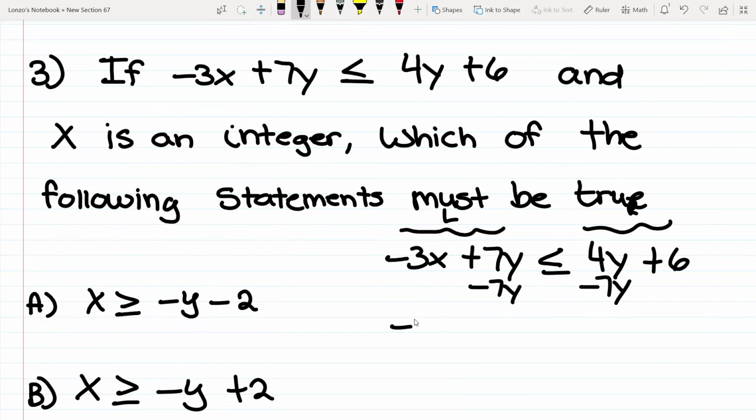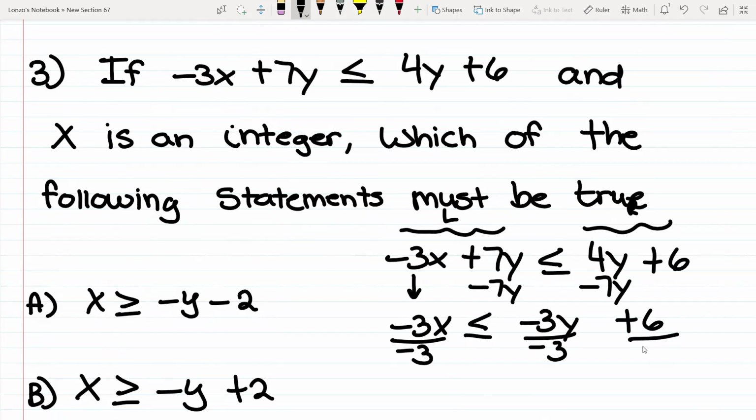So you get negative 3x is less than or equal to, what is 4y minus 7y? Negative 3y plus 6. And then I'm going to solve for x by getting rid of this negative 3. So I'm going to divide everything by negative 3, including the 6.